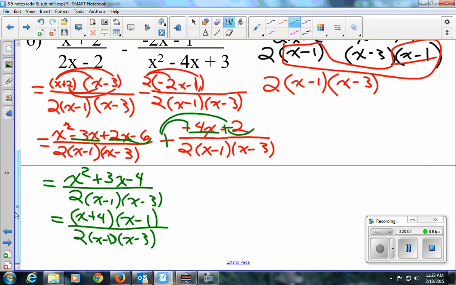And I see I have a factor that's common to the top and bottom. So I can cross out my x minus 1. Final answer. Questions? Okay, good to go.